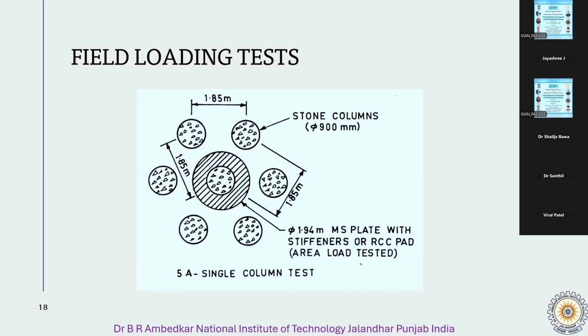So here you can see for the single column test, we place these columns in this arrangement. Okay, so the spacing you can see as per the code, and what is the diameter of the stone columns as per the code for field loading test.